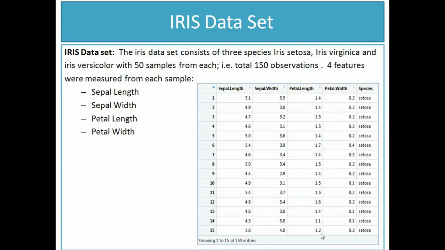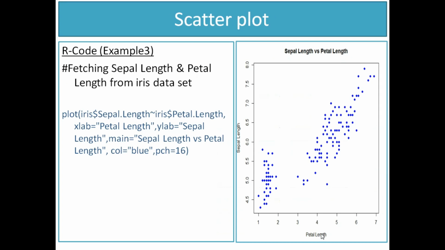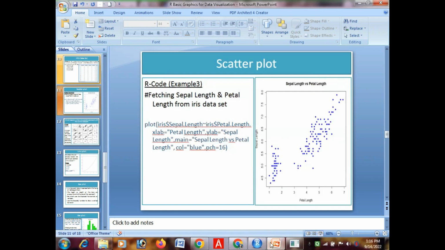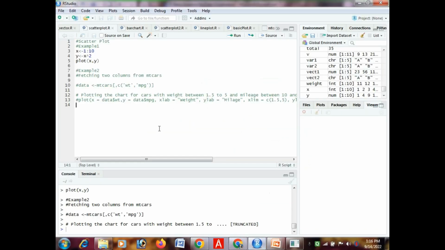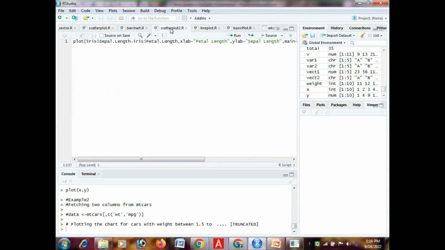So we will use this readily available data set to draw the scatter plot and identify the relationship between sepal length and petal length. Using RStudio, again we will run this particular code.